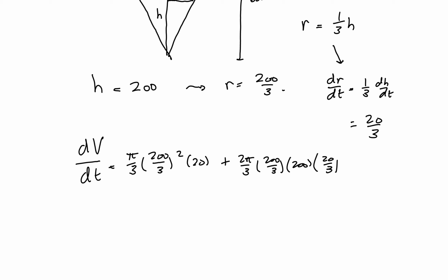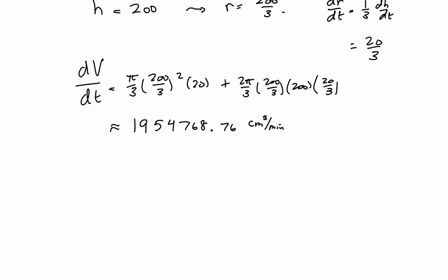And so now if we work this whole thing out and plug this into a calculator, we get about 1954768.76 centimeters cubed per minute. So that means A, remember, is this thing plus 10,000.